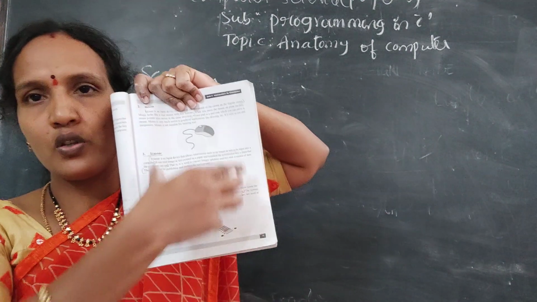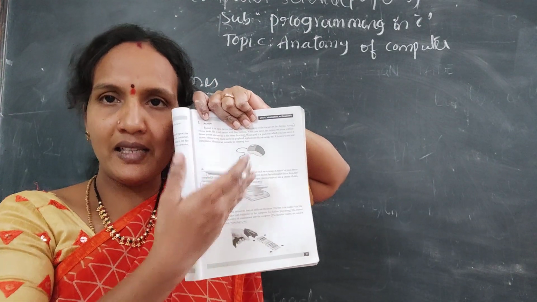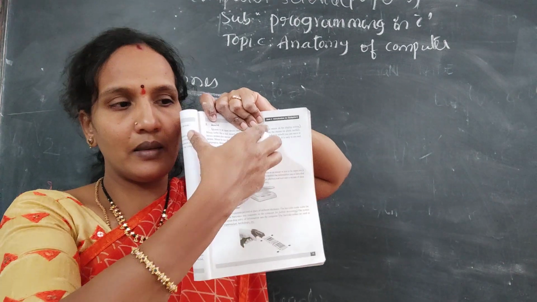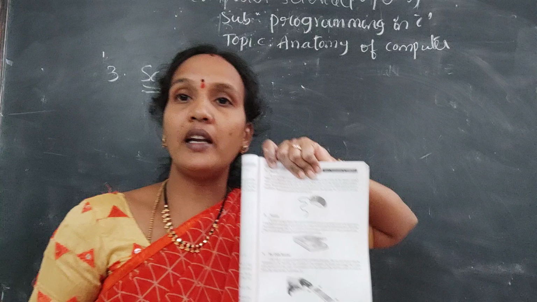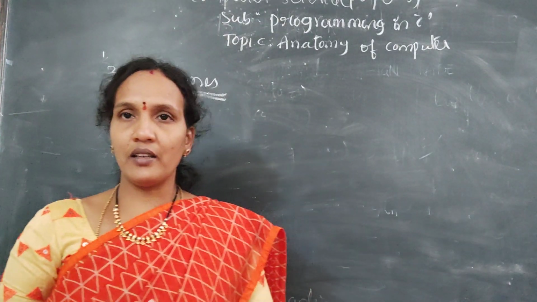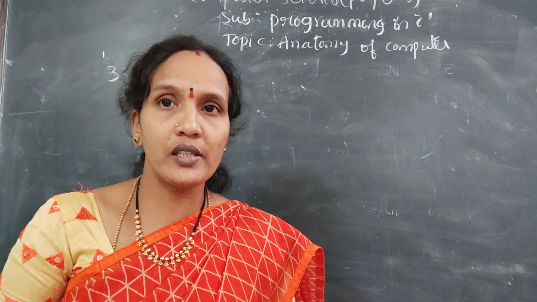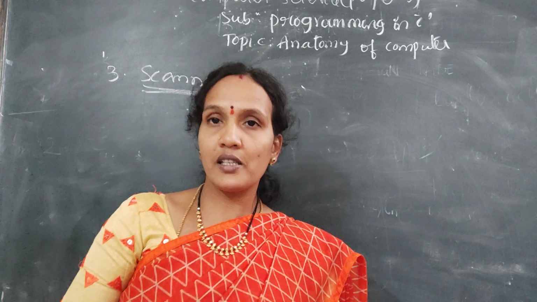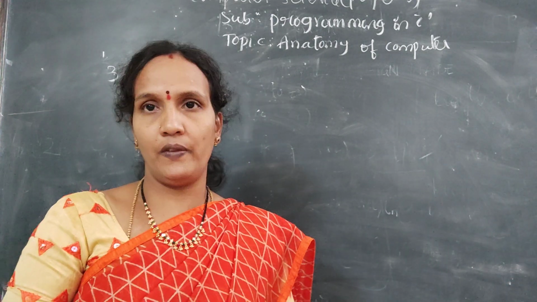So whatever text, whatever images are there, as it is, we will get the image of this paper into the system in the digital format. So this scanner will convert the general hard copy into a digital format so that the system can identify what it is, meaning the system can read the information.